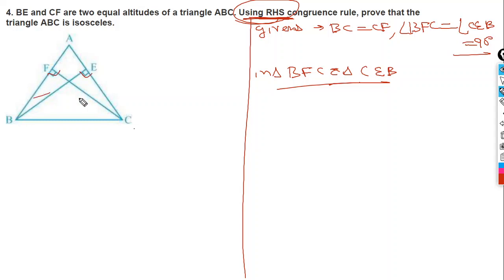Angle BFC is equal to angle CEB, they are 90 degrees. Now the right angle is already proved. We need a hypotenuse. BC is the hypotenuse of both triangles. We can write BC equal to BC, common side.